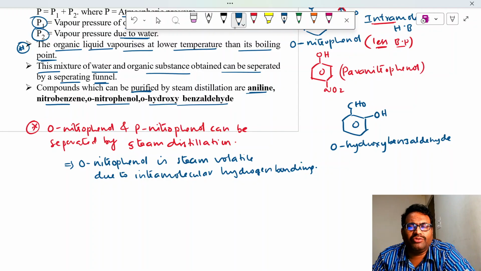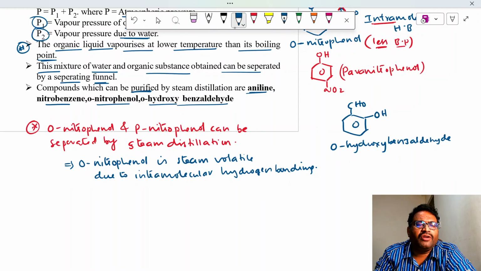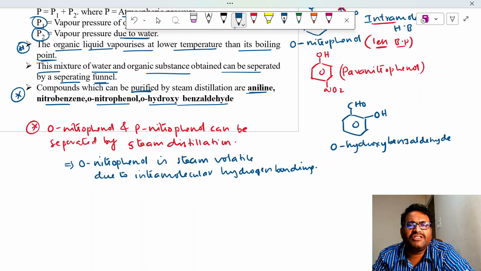To remember them, because which compounds are separated by which methods is important, since that is mainly asked in competitive examinations. Understood?